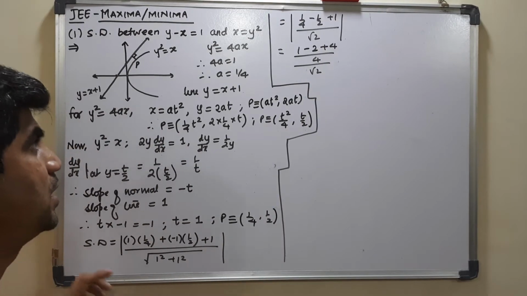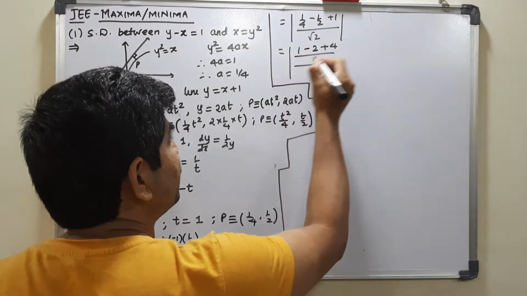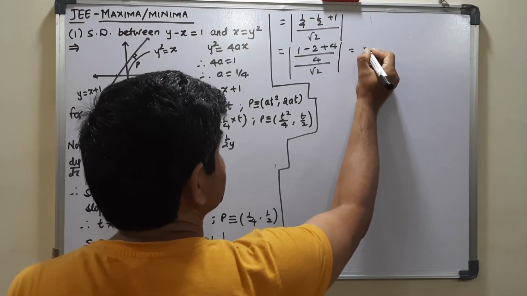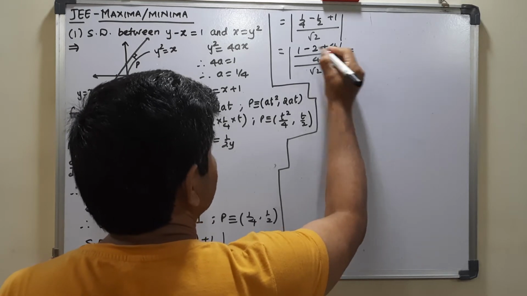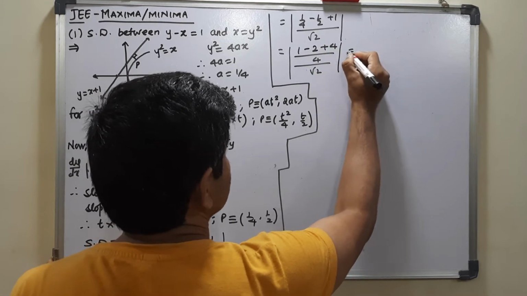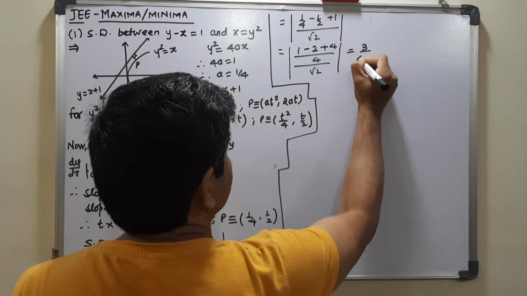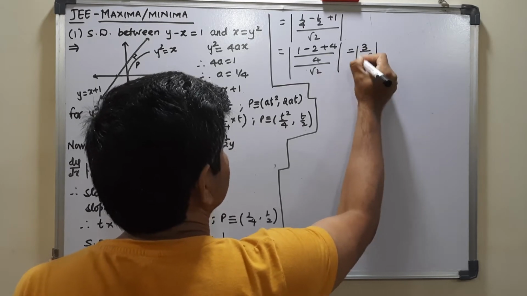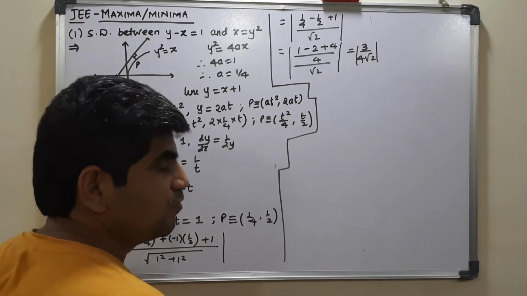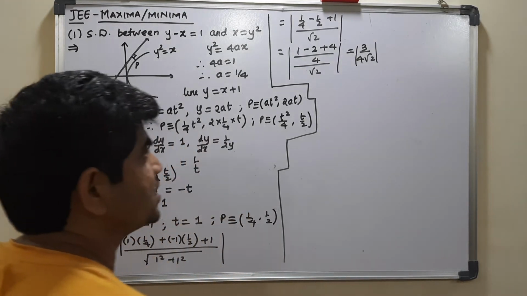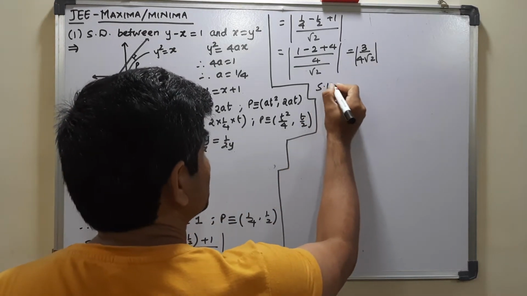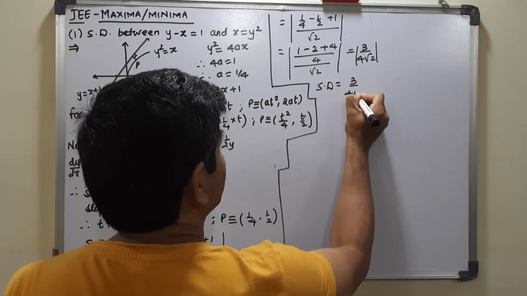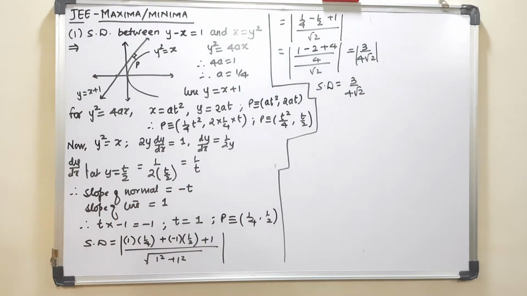That is, in short, this will become 5 minus 2, that is, 4 and 1, 5, 5 minus 2. That is 3 by 4 root 2. This will be the modulus distance, which is always positive. The shortest distance is 3 by 4 root 2.